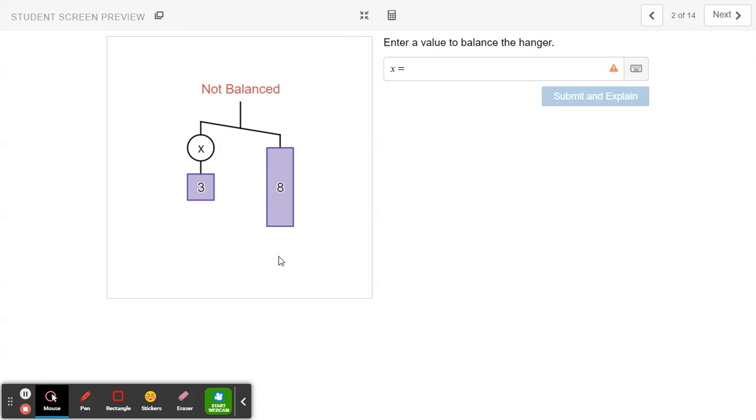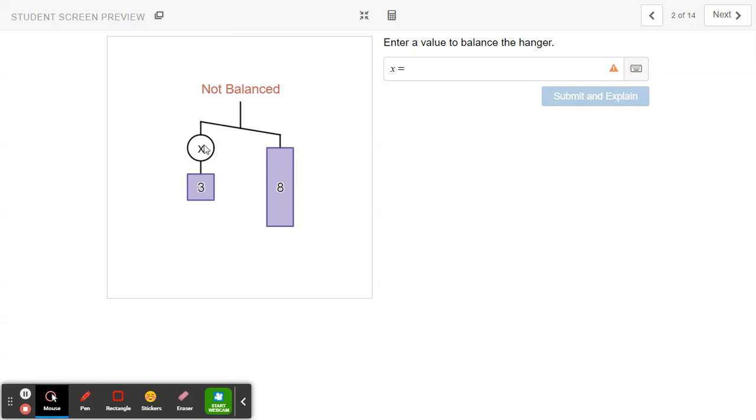If we look at this hanger diagram, just like our blue socks, this is not balanced. This is showing us that if it's slanted down, this side is weighing down more than the left, right? So enter a value to balance the hanger. So what do we have to add to 3 to make it equal to 8?